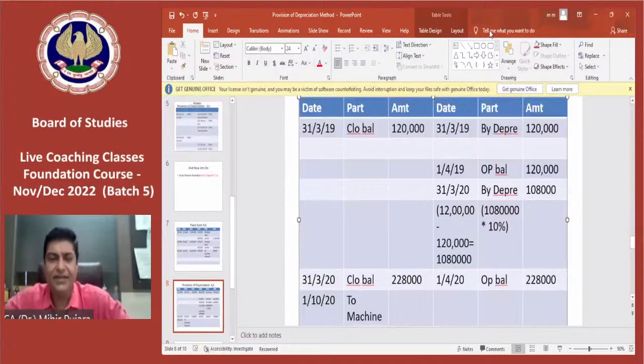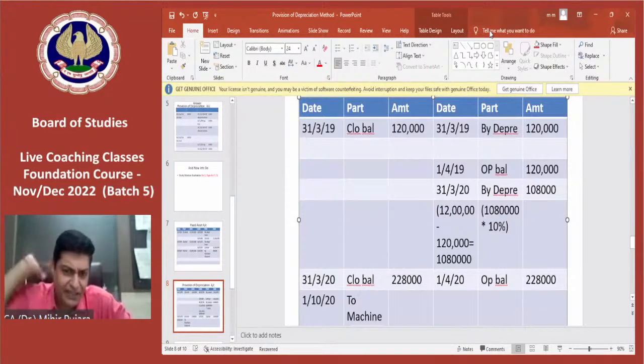Yes guys, first year depreciation 1,20,000, second depreciation 1,08,000, so total depreciation till the 2 years will be 2,28,000. 1,20,000 plus 1,08,000, 2,28,000 guys. I hope till this point it is clear.